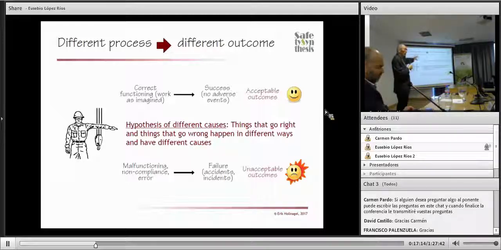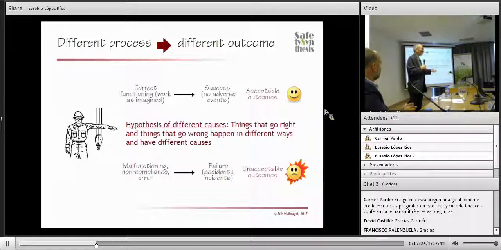When something goes well, when you have the acceptable outcomes, do we say, why did this happen? Can I explain why it went well? No, we don't. We just say, well, that's what it should be. We don't worry about that. Of course, this is normal, this is natural, but we never look into it.